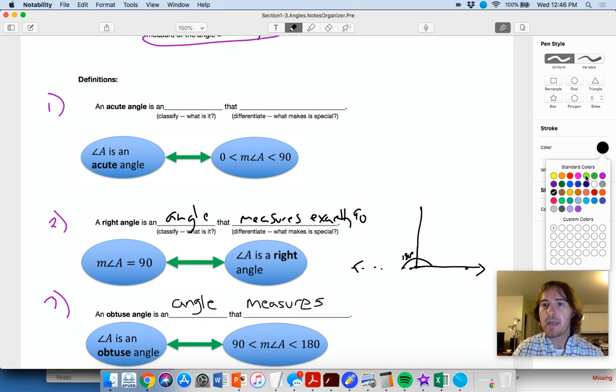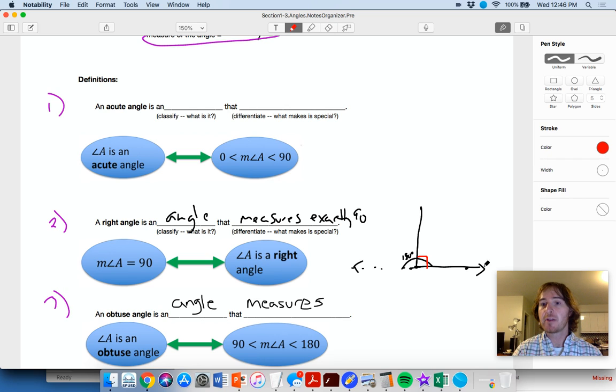But if we go halfway in between that, this is obviously 90 degrees, and this is called a right angle because it's upright. That's what they mean by that. We'll spend some time talking about right angles, but when we're talking about upright, we're talking about going straight up. If this is on the horizon, straight up, we can think of a right angle. So as your floor hits the wall, that is a right angle.